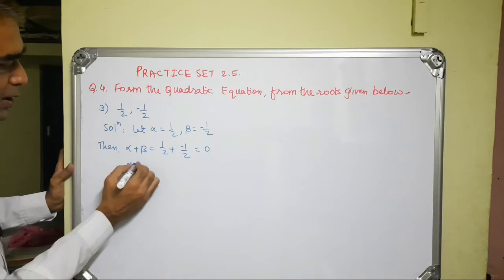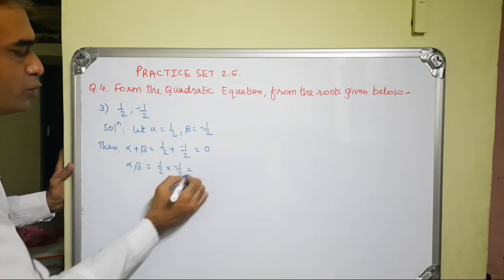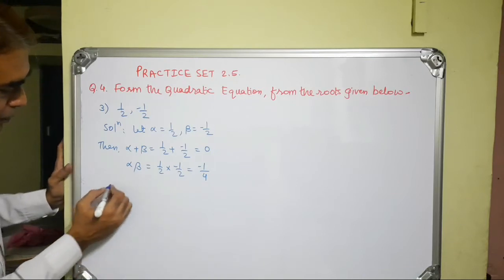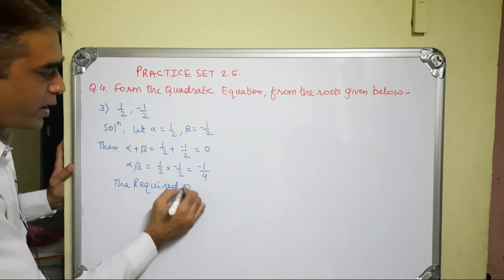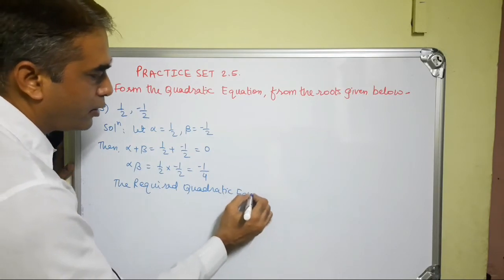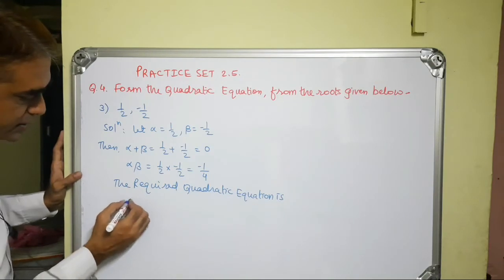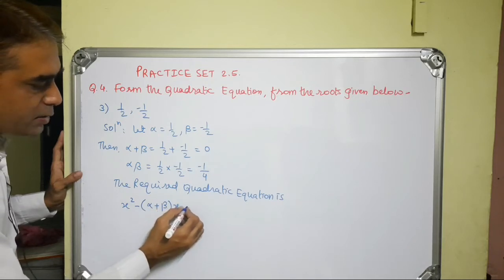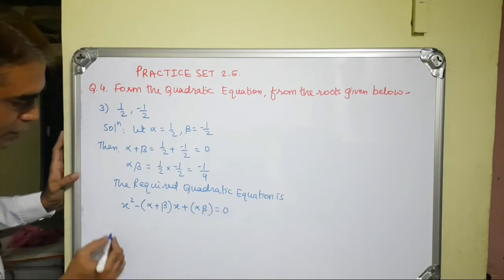Now alpha into beta equals 1 upon 2 multiplied by negative 1 upon 2, and this product is negative 1 upon 4. Now therefore the required quadratic equation is, we will write the rule, that is x square minus (alpha plus beta) into x plus alpha beta equals 0.